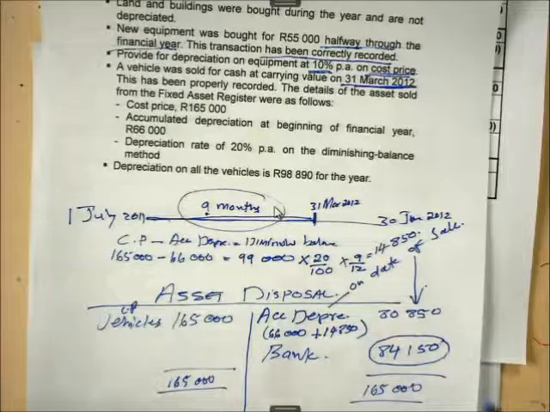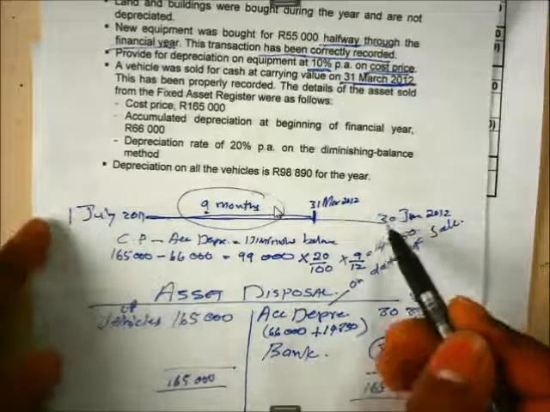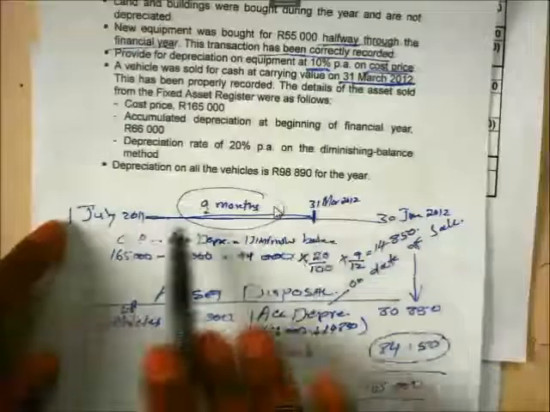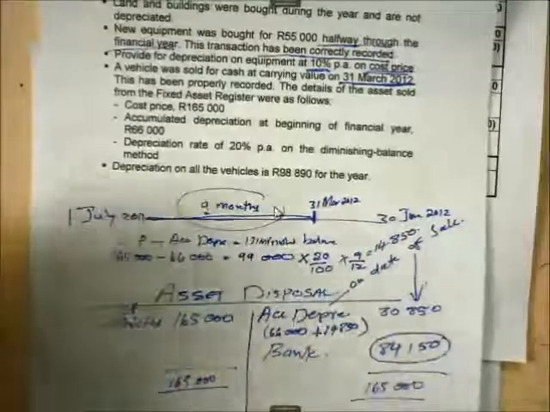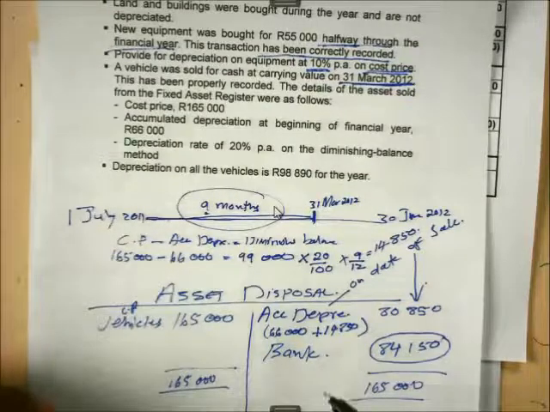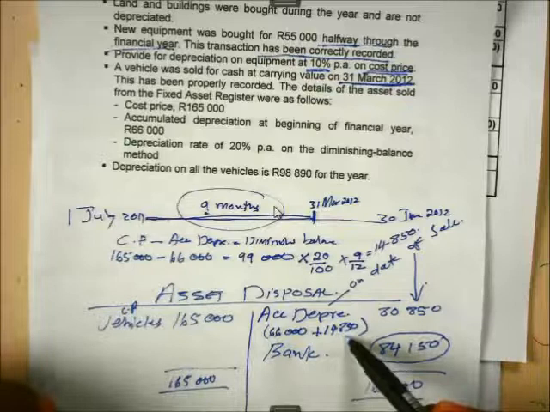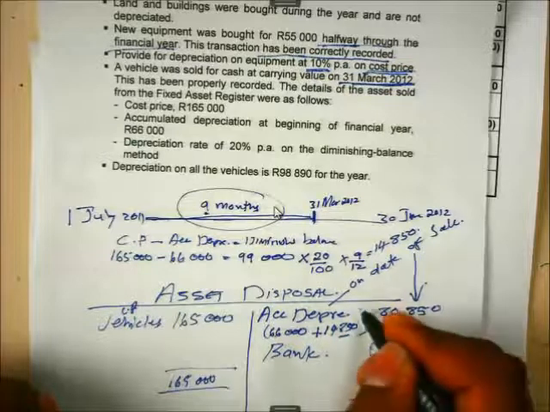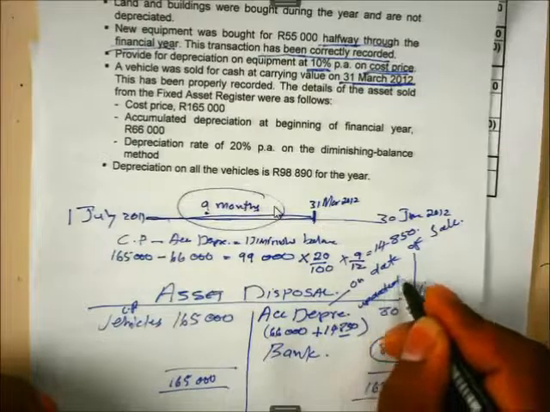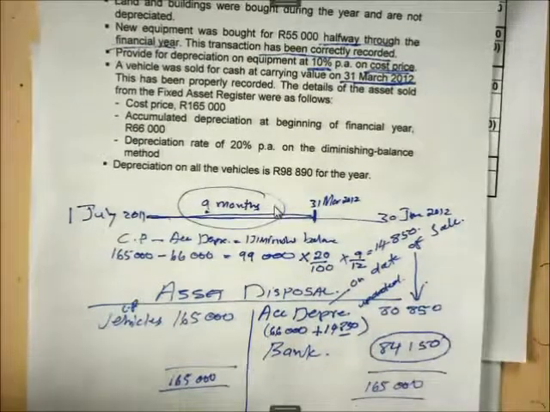Also help yourself by having a timeline, which will help you to get your months right as to the period for which the asset was used, so that you can provide for additional depreciation. Here, what we simply did was update, bring to date the accumulated depreciation.